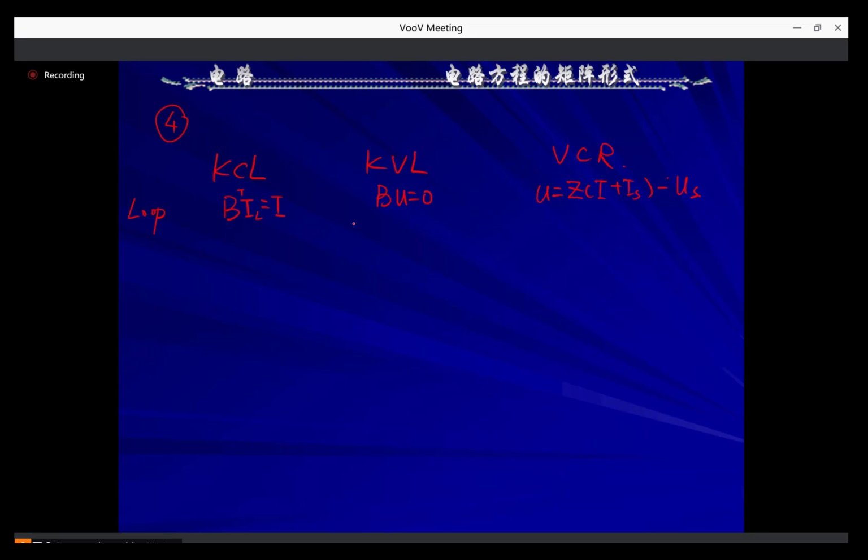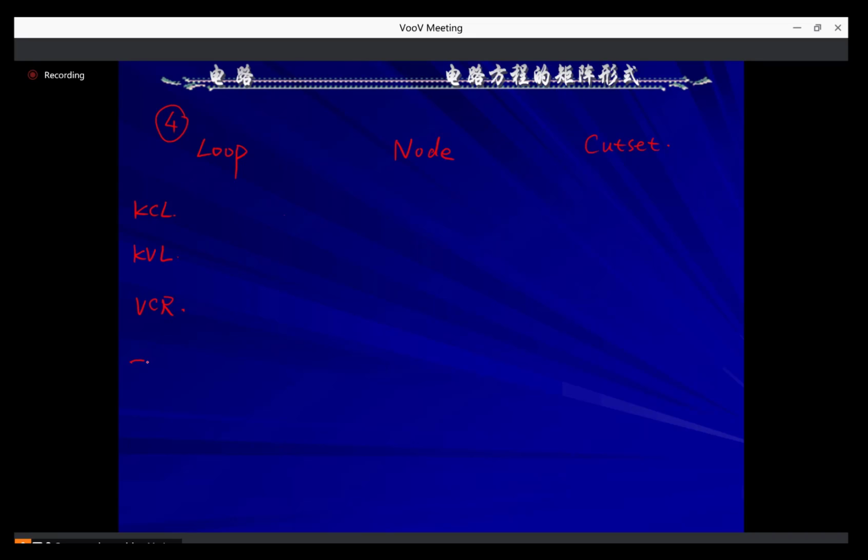Add them together. The loop method, the node voltage method, and the cut set method. The KCL, KVL, and the VCR, and the total function.